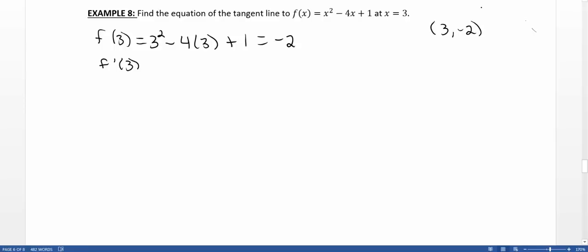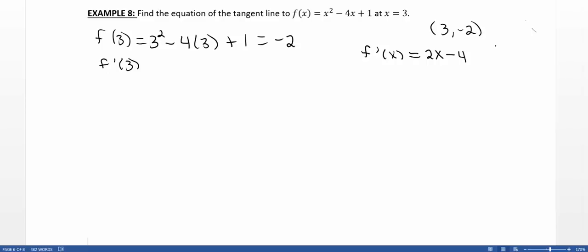Now if we find the derivative, we'll be able to find the slope of the tangent line at 3. So over here, we'll find the derivative of our function using our rules. So the 2 comes down and we subtract 1 from the power, minus the derivative of 4x is 4, and the derivative of 1 is 0 because 1 is a constant.